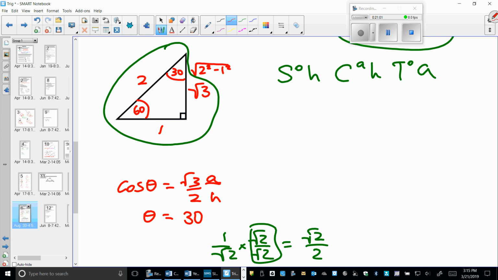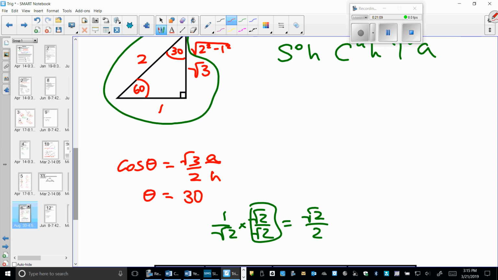If you just learn those numbers, you can't always go the opposite way. Often the value that you see is a bit of a giveaway. If you see a root 3, you know it's not going to be a 45-degree angle because there's not a root 3 on that triangle. So it has to be either 60 or 30. Even if you're not sure, you can just guess. That's great.